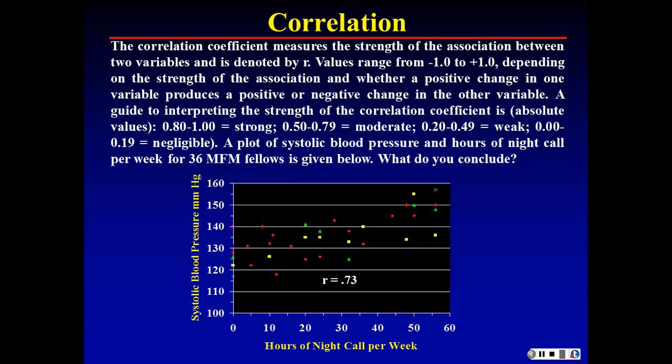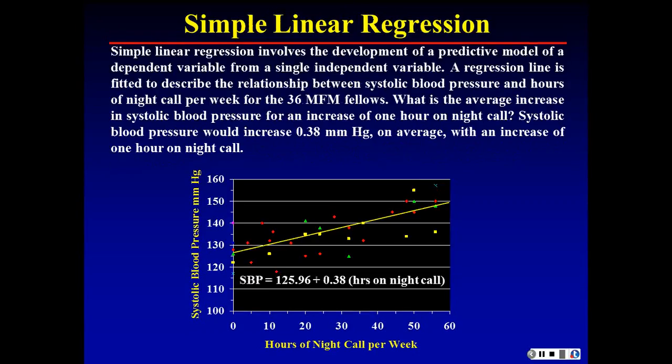All right, suppose we wanted to quantify this now and fit a regression line to it. That's given here, where systolic blood pressure equals this plus this times this. This is your y-intercept, this is your slope. Generally then, for each hour increase in night call, the systolic blood pressure would increase by how much? 0.38 millimeters Hg.